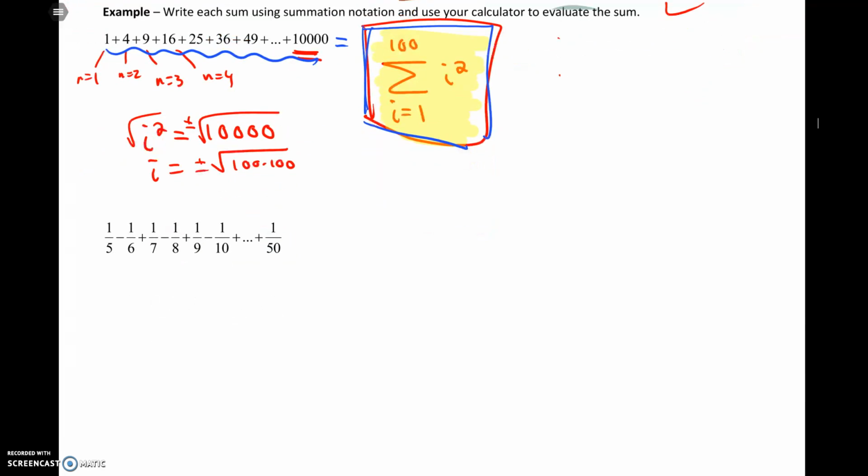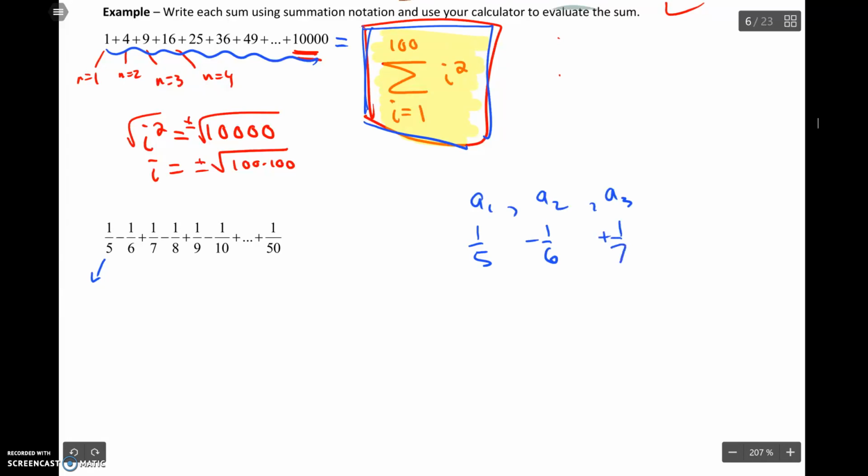All right, so here I got another sum of numbers. Again, I kind of want to find the a1, a2, a3 when my numbers are 1/5, negative 1/6, positive 1/7. So I want to find a closed form for this sequence that I'm adding together here. So this is n equals 1, n equals 2, n equals 3.